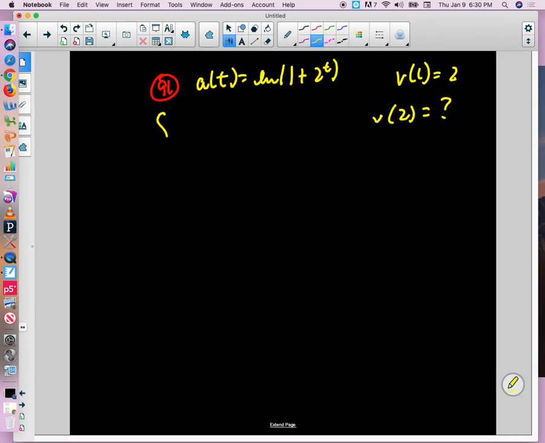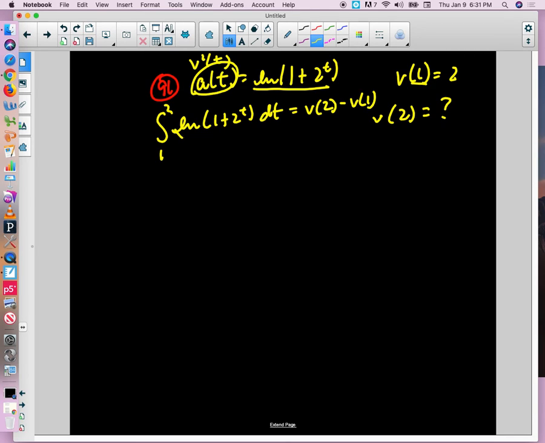Well, acceleration is the derivative of velocity, so if I integrate acceleration, ln of 1 plus 2 to the t dt, it'll take me to velocity. I'm going to do it from 1 to 2, and that'll give me v of 2 minus v of 1. So integrating acceleration leads me to velocity's displacement.